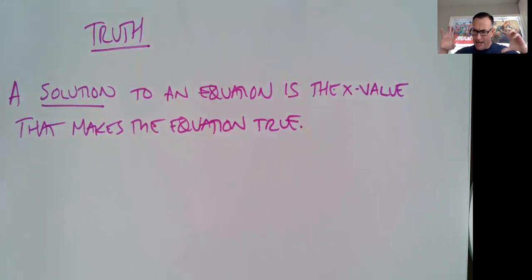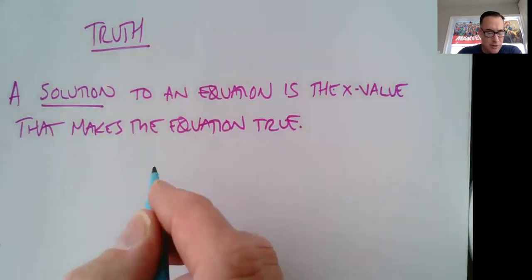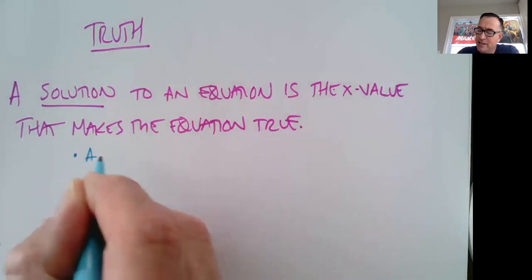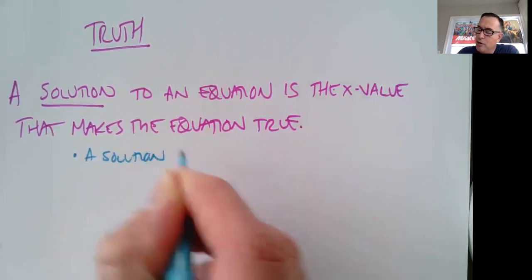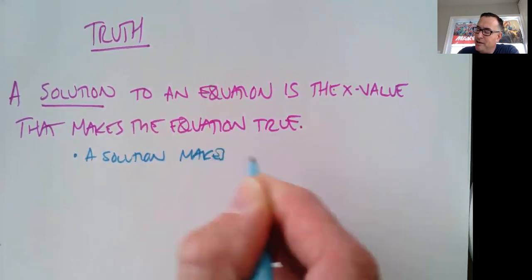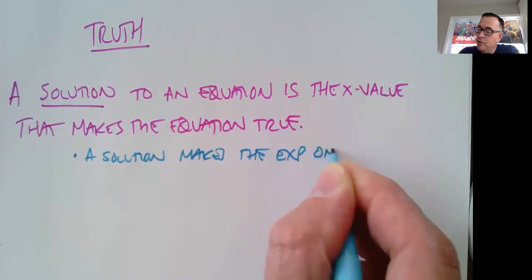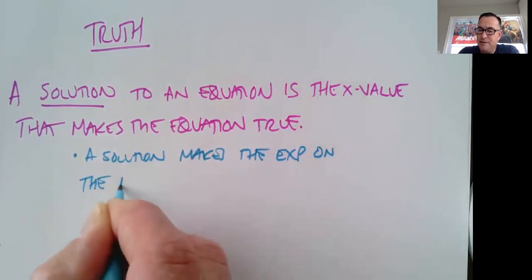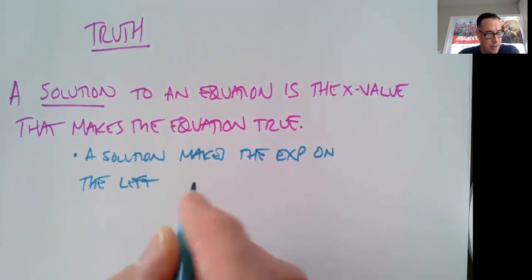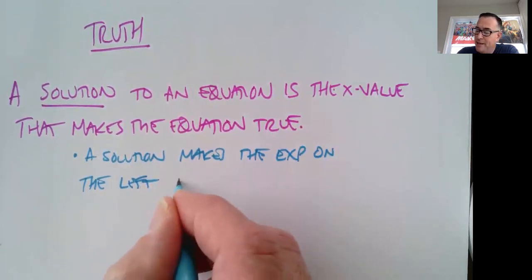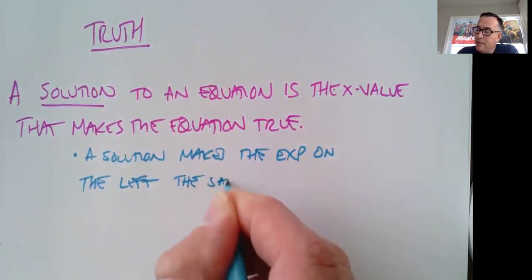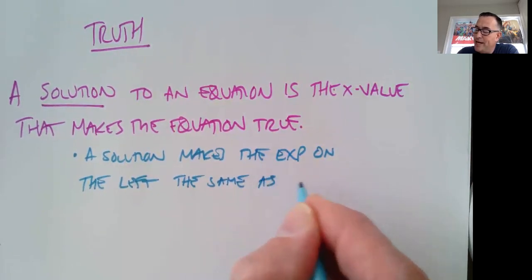What starts to be an issue is how we get to what we're looking at. In the case of solving equations today, when we're looking for truth, essentially a solution makes the expression, and I'm going to write exp for expression, on the left the same as the expression on the right.